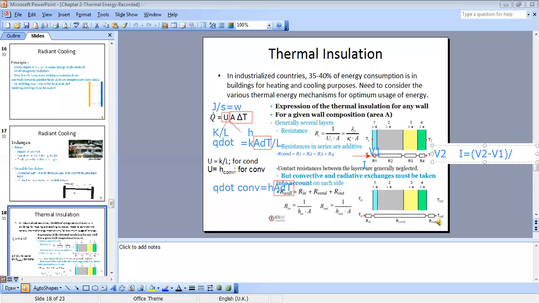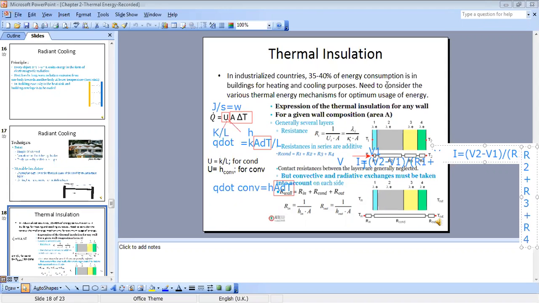And because the resistances are in series, the equivalent resistance is the summation of all: R1 plus R2 plus R3, etc., plus R4.